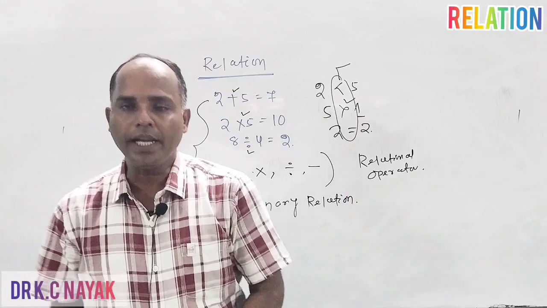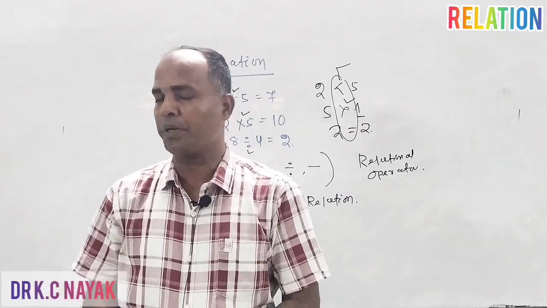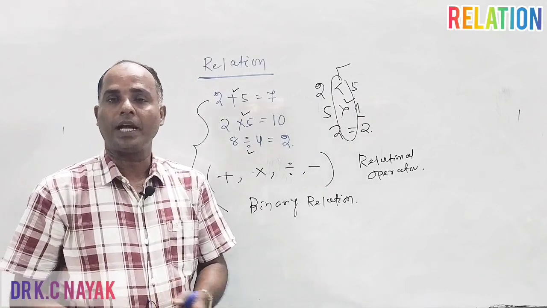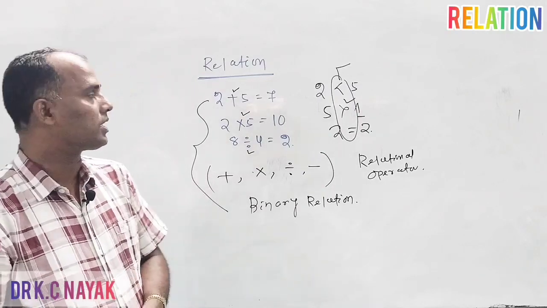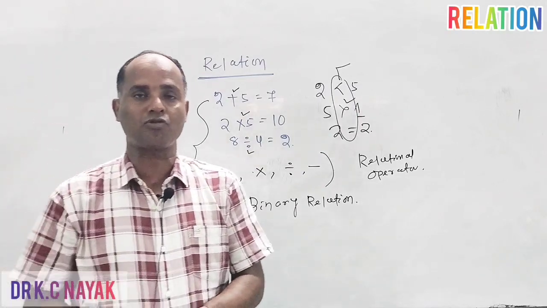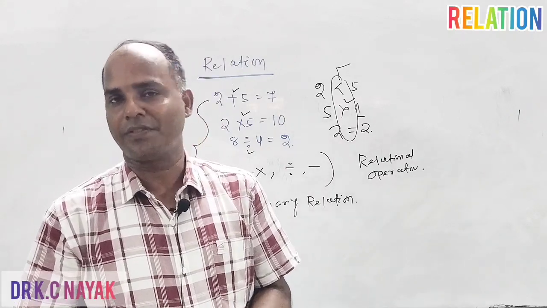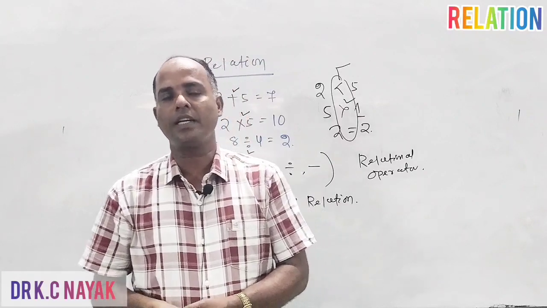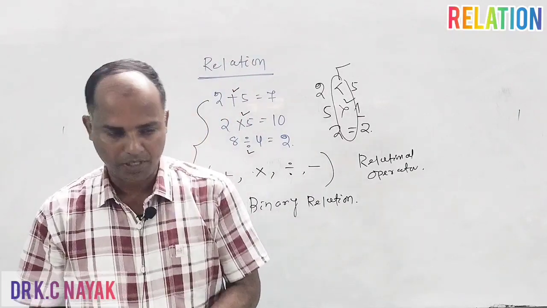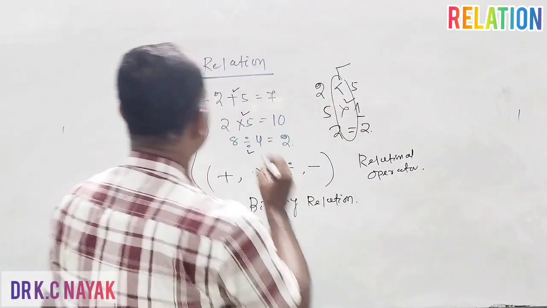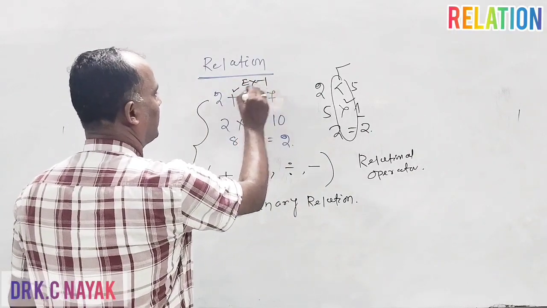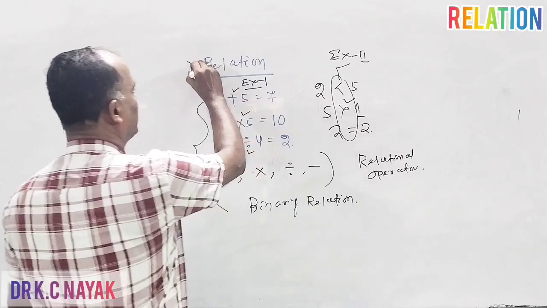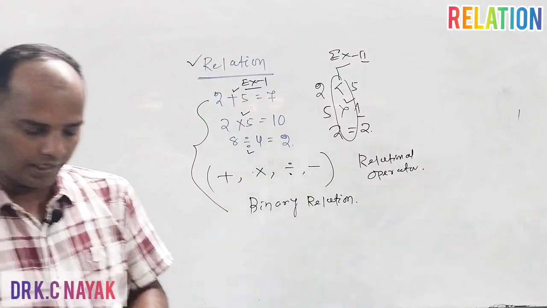So, when we think about the concept of relation, we already know the different types of operations in numerics: addition, subtraction, multiplication and division, and also different types of relational operators: less than, greater than and equal. This is my example 1 and this is my example 2 for discussion related to a relation.